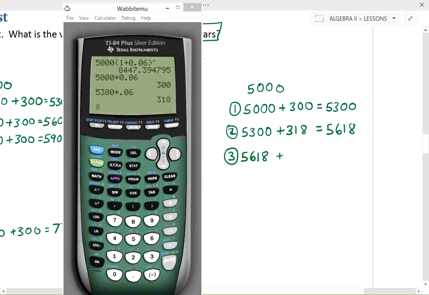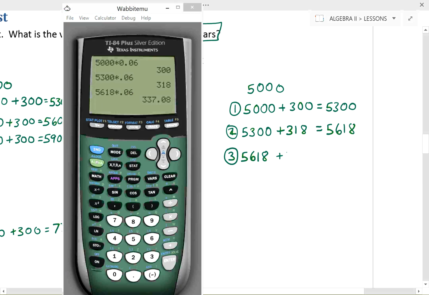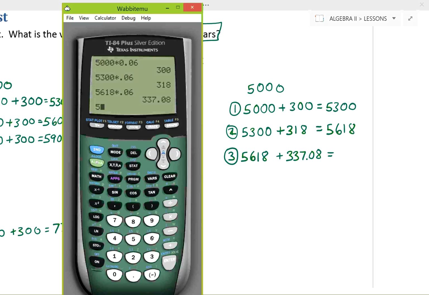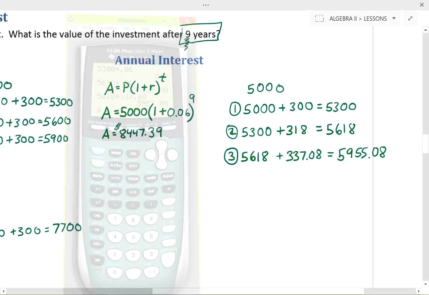So, to see that again, if I go to another third year, I've got my $5,618. And again, I'm not earning interest based off of any of the previous values. I now have $5,618. I'm earning 6% interest off of that value, which is an extra $337.08. So 5,618 plus that extra 6% interest brings me up to $5,955.08 after 3 years.